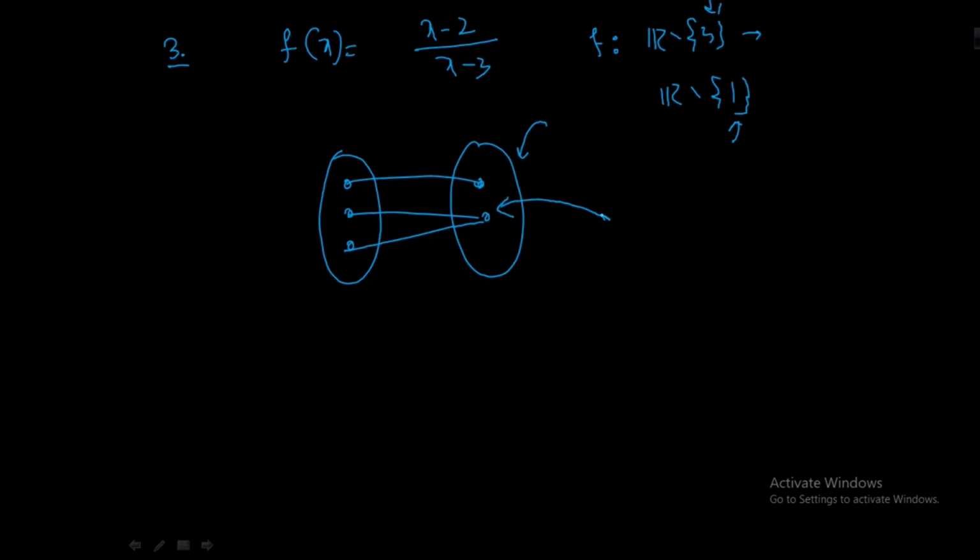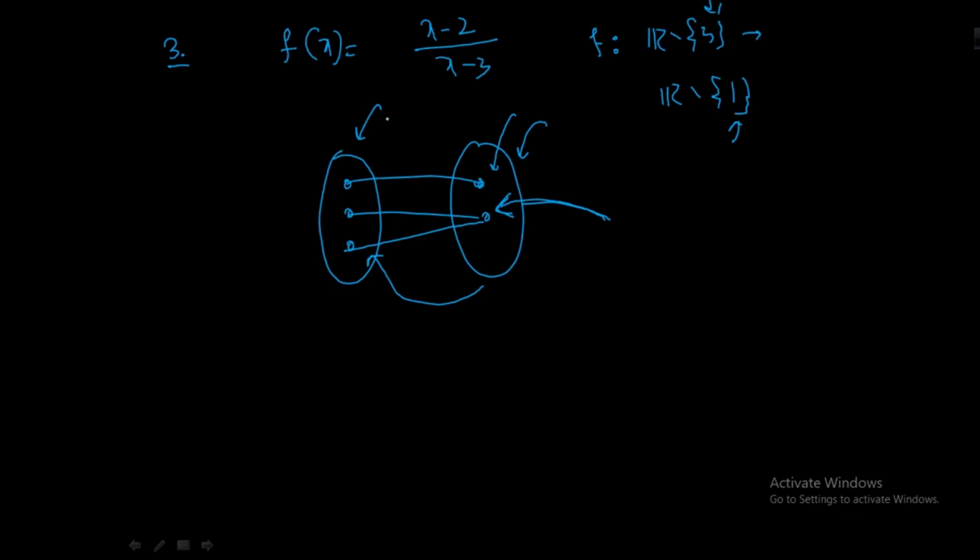If we choose any arbitrary element from the codomain, then it will be an image of any of the elements of the domain, because the entire codomain will be equal to the entire range. That means the set of images will be the codomain. That means if you choose any point from the codomain, it will be an image of some of the elements of the domain. Is that clear what I am saying?